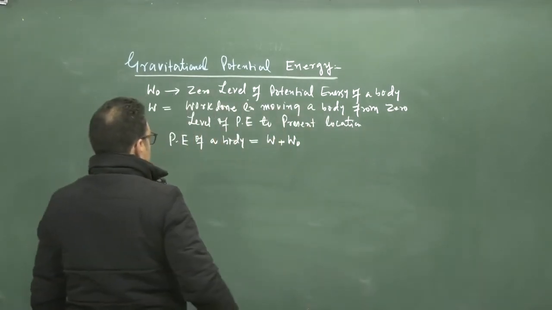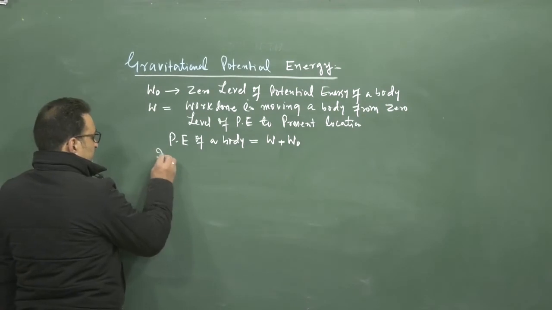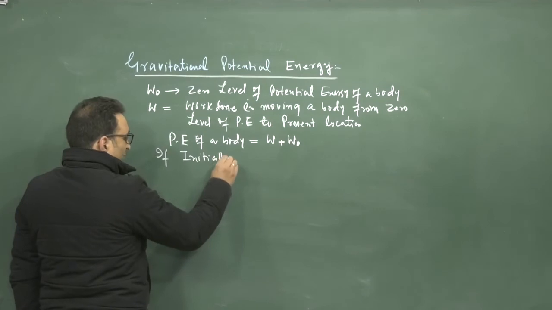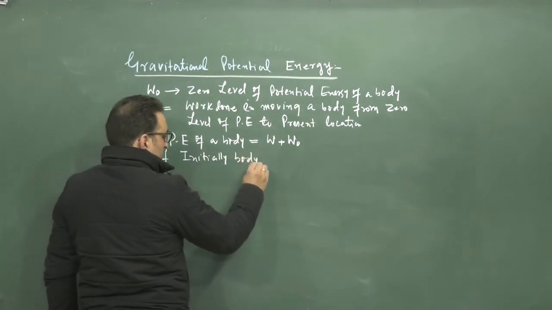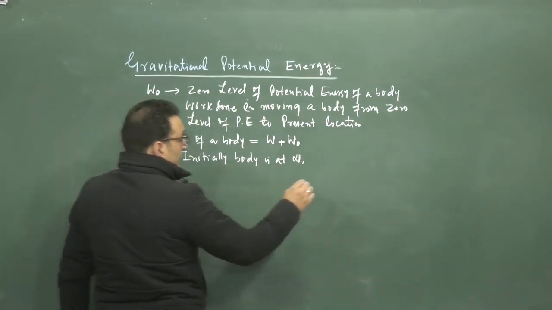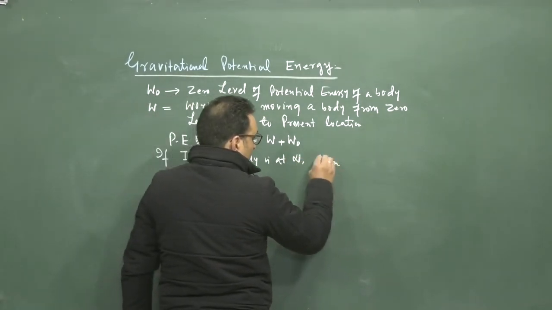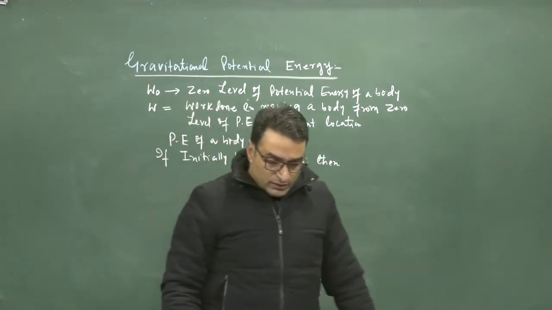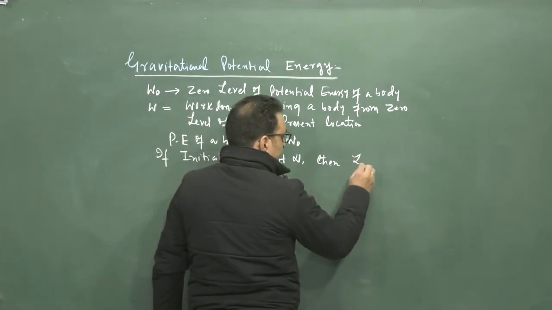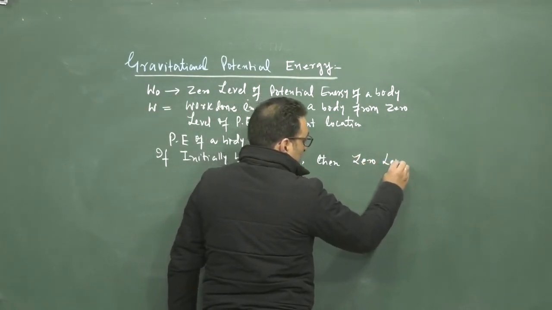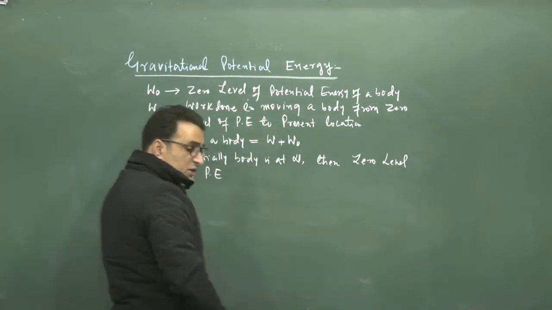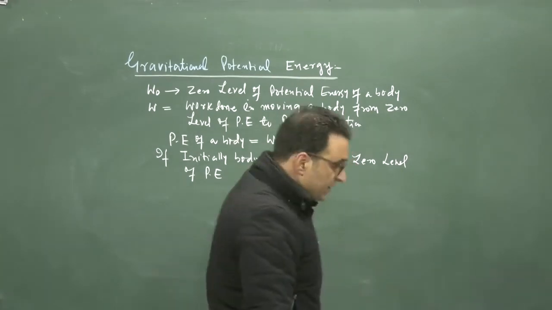Now, if initially the body is at infinity, then the zero level of potential energy is equal to zero.